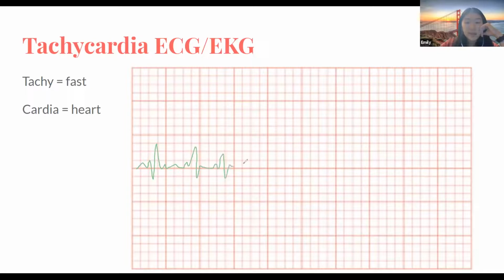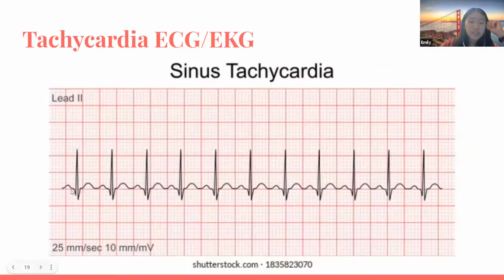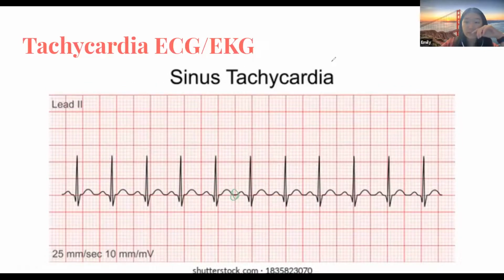This is very fast. I'm not drawing the lines very well, but you get the idea. Sinus tachycardia. You see it's beating very frequently, much more frequently than we saw before. Almost right after one another, the separation between each wave is almost negligible. I'm circling the difference right here.